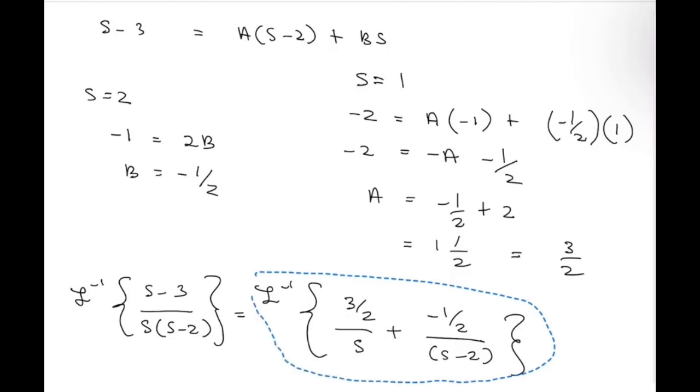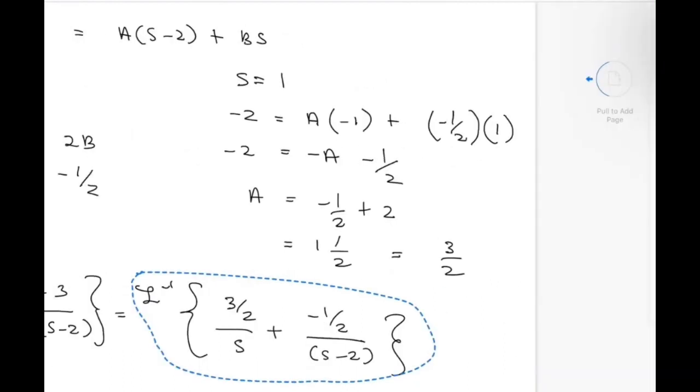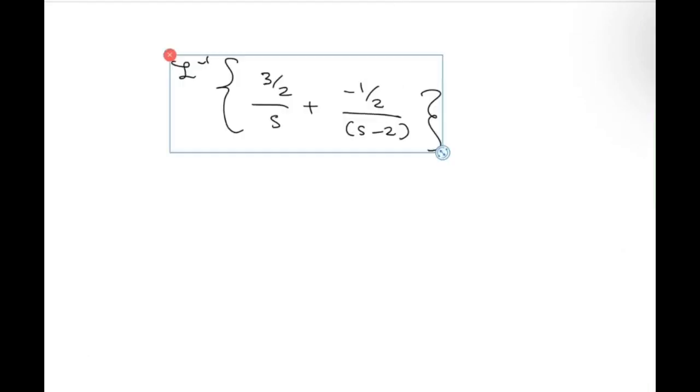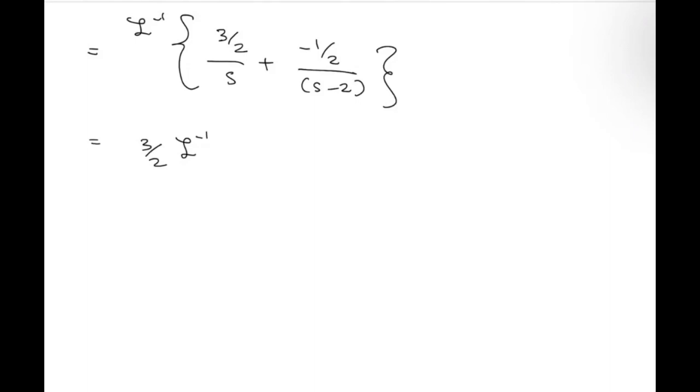Okay, so let's take this one. All right, now let's put 3 over 2 outside. So we have the inverse Laplace of 1 over s, minus 1 over 2, inverse Laplace of 1 over s minus 2.